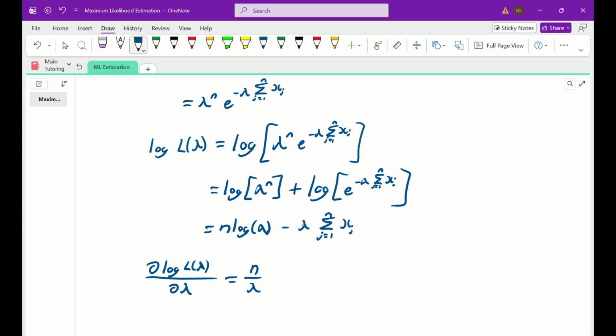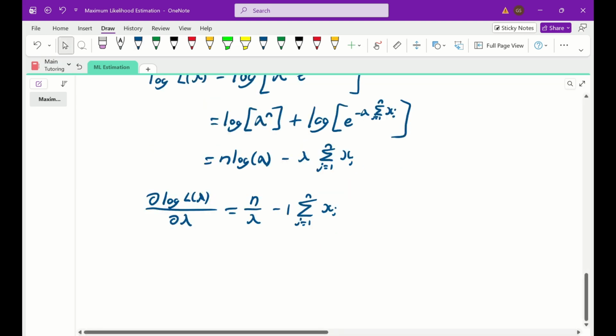And then here, the lambda becomes just a minus 1, and then we've got the sum here. Remember, because we're taking a partial derivative, this sum is just treated as a constant with respect to lambda. So the lambda just derives to a minus 1 and the constant stays there. Okay, so this is what we've got.